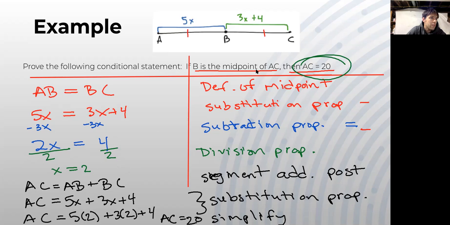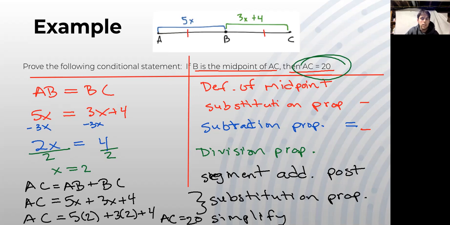We started with this piece right here, and we were trying to end up with this conclusion. Most of the time we can write the concept of our proof as a conditional statement like this. And all of these steps are how we got from this hypothesis to this conclusion.